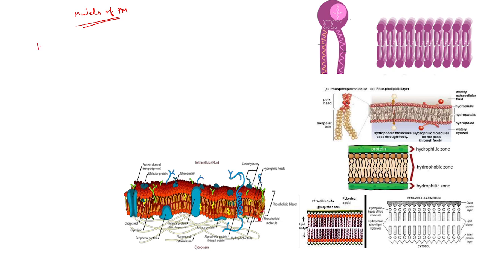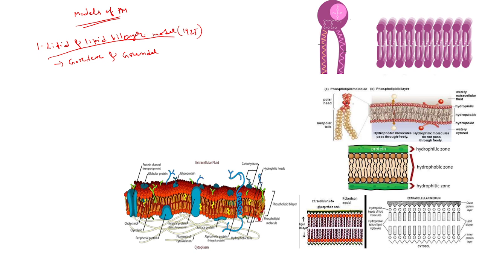The first model that was discovered was called the lipid and lipid bilayer model. It was discovered in 1925 by Gorter and Grendel.